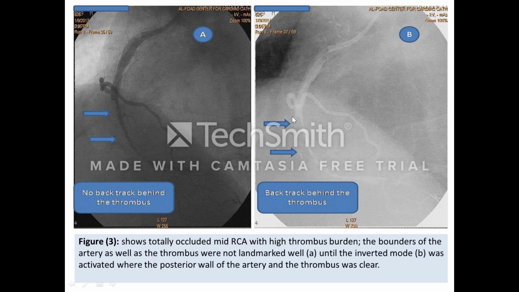The wire obviously turned to the posterior wall, and it was very unclear if it was in a dissection plane or behind the thrombus but luminal. When using this inverted grayscale, it was very clear that it is inside the lumen of the artery, but behind the thrombus.